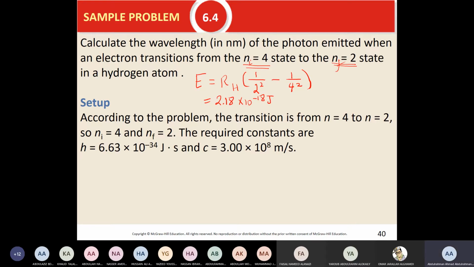Of course, there is a minus here. What's the energy?